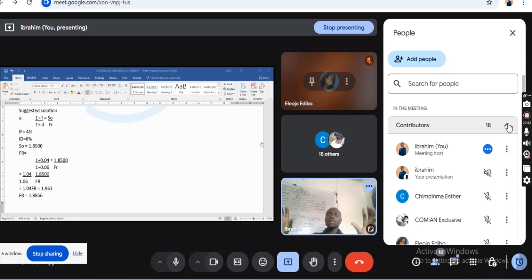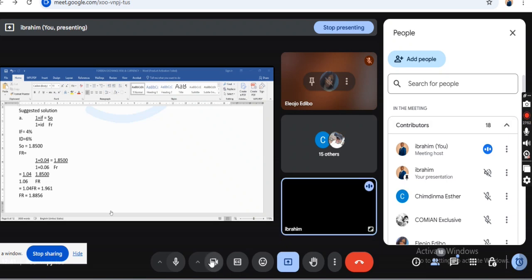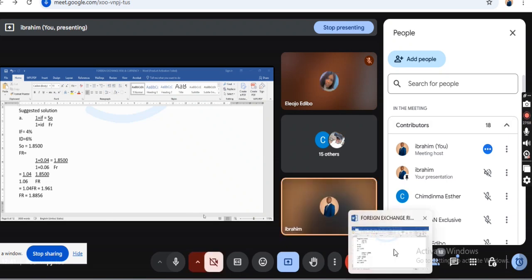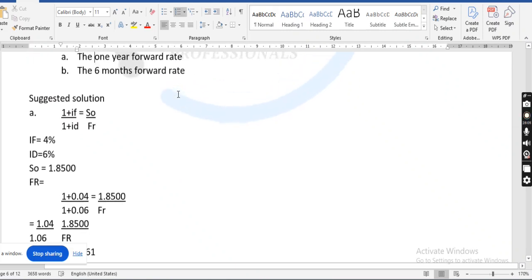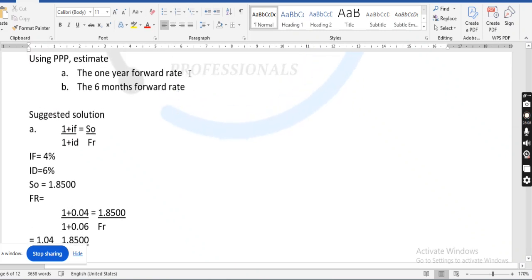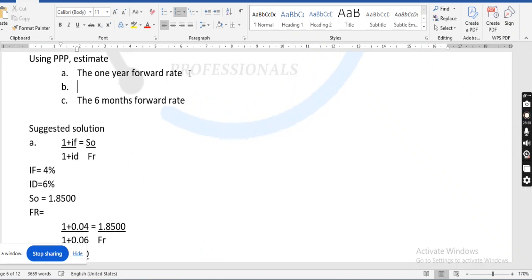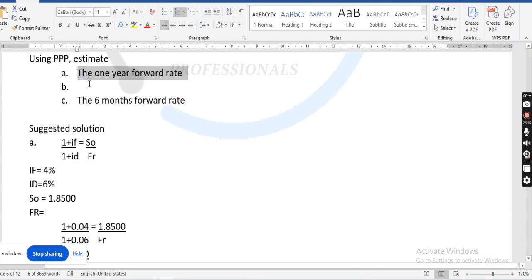Now, let's assume that you are to determine forward rate for 2 years. Let's quickly test something here. Let's say forward rate for 1 year and for 2 years. Let me quickly prepare your mind.